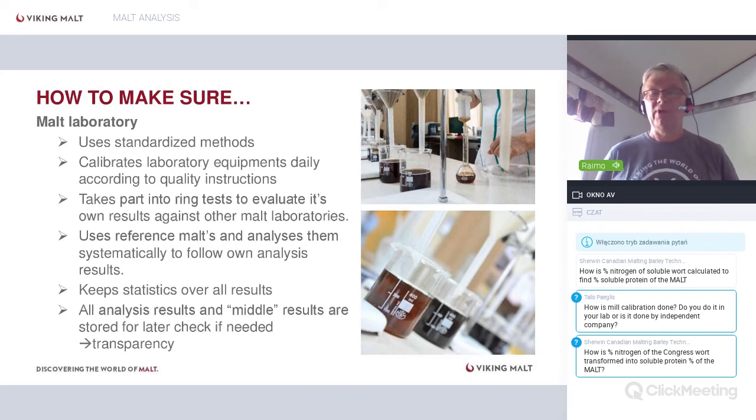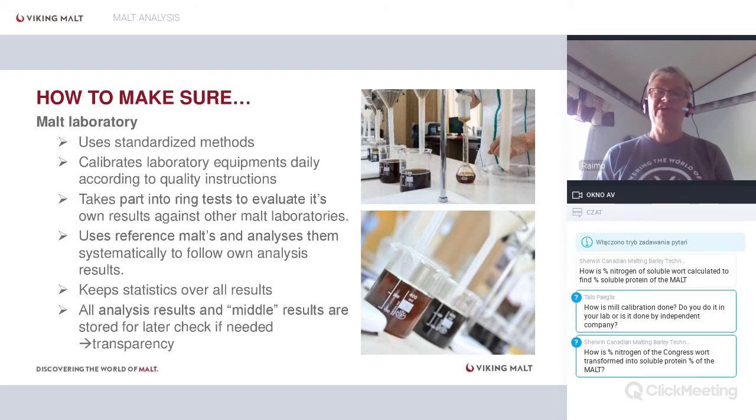We also evaluate the results, and we have a table where we know what our malt laboratory's number is, and we know what we got, and then we can check what the other malt laboratories got, and we try to cooperate with that, so that all malt houses would give very reliable results.